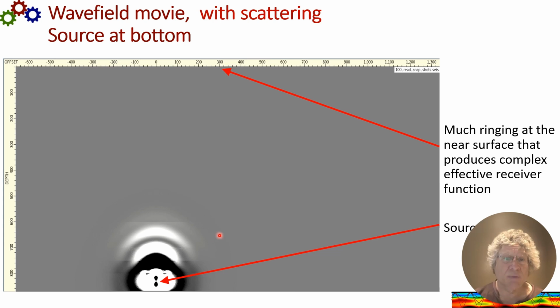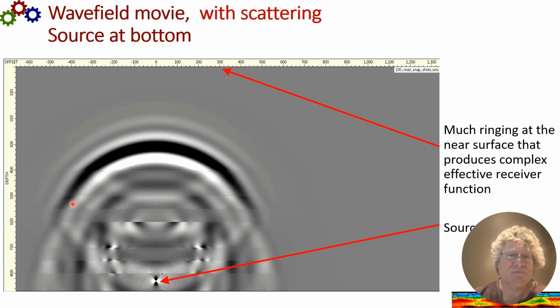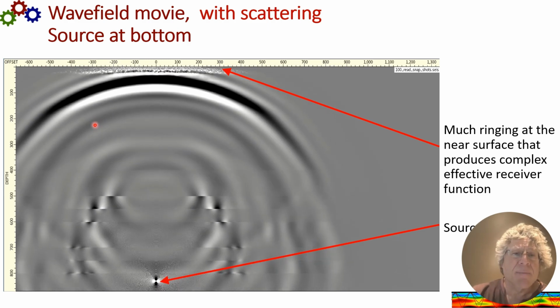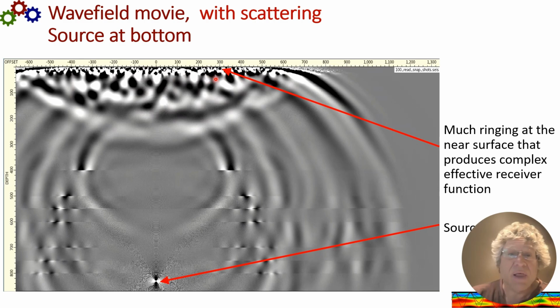So here I'm going to show you a movie that'll demonstrate some of the complications of the near surface. We have a source here at depth, and then it starts propagating cleanly. You can see there's some vertical layering here. But then when we get to the complex near surface, you have a lot of scattering.